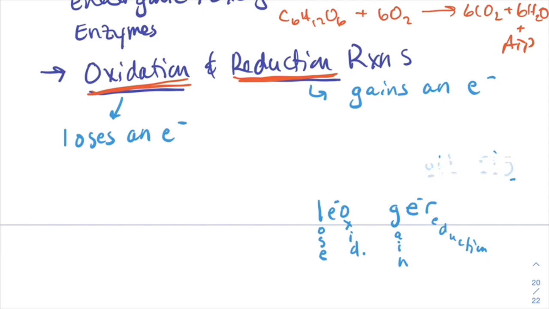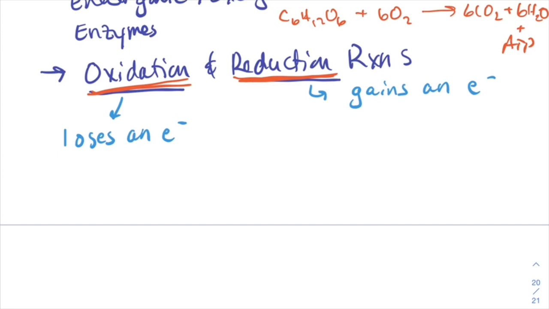But we are going to need this room here, so I'm going to get rid of all this stuff. But remember, Leo goes grr. Lose an electron, it's an oxidation. Gain an electron, it's a reduction. If you need to see this or write it down again, just go back and watch that part of the video again.